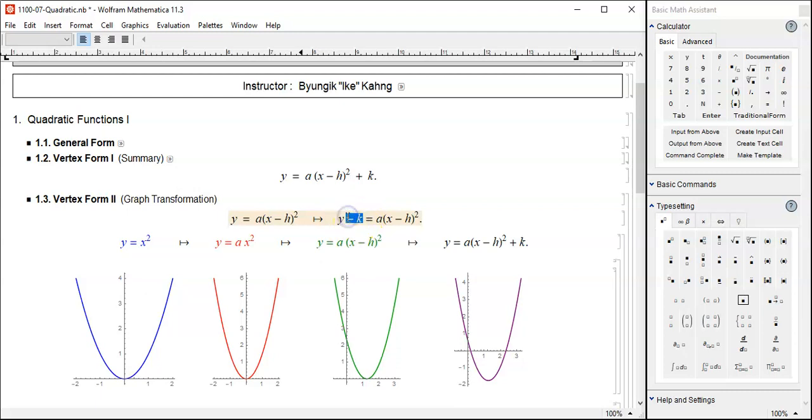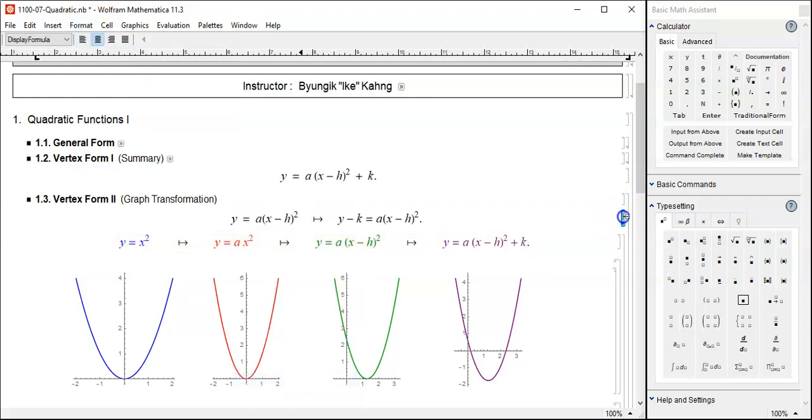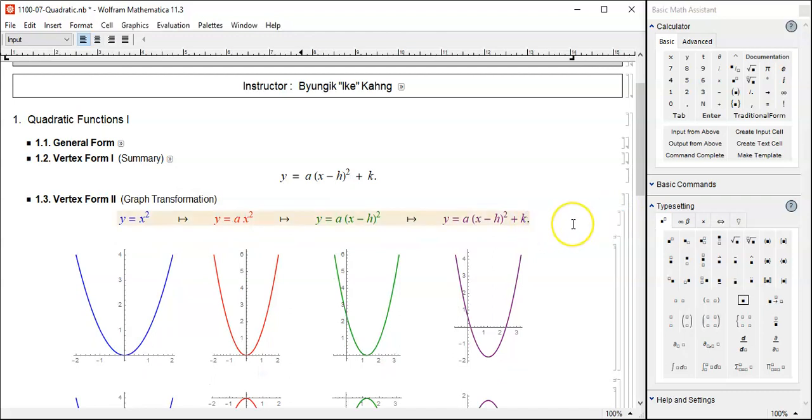But of course, I can flip this minus k to the other side, and that's what this graph is. So if you look at it in terms of a sequence of graph transformations, the vertex (0, 0) is moving to (h, 0) and eventually (h, k). That's easy to understand, if you understand all the details about graph transformation at each step. Compared with that algebraic way with inequality, this one's easier.